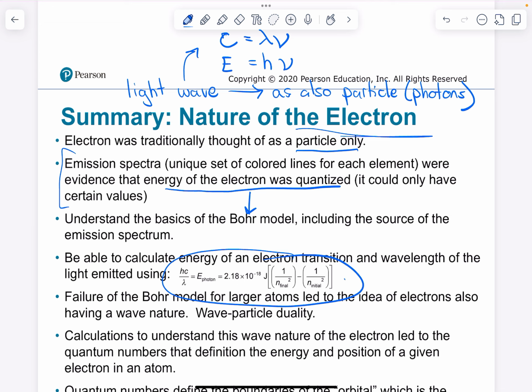So remember these N values, those are like the energy levels. And so if you're going from a high one down to a low one, you can plug in N equals 3 for your initial and N equals 1 for your final, and that will give you the energy of a given photon. Okay.